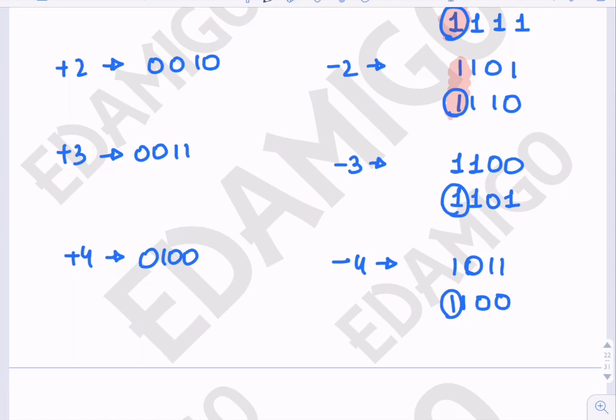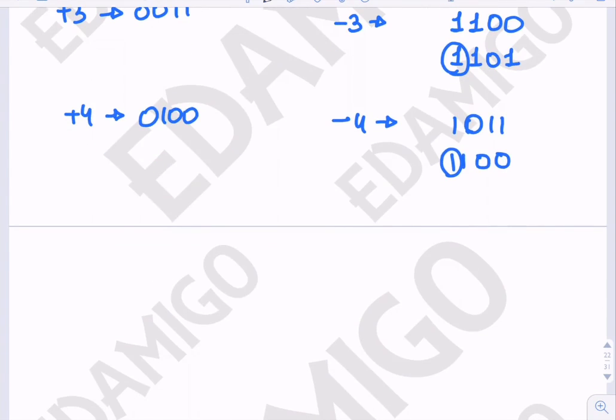This is the sign bit. Similarly we can get all. Plus 5 is 0101, minus 5 complemented is 1010, and then add 1, 1011. This is the sign bit.